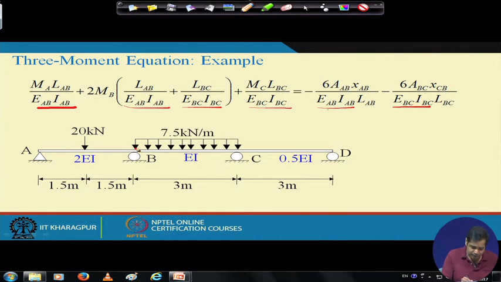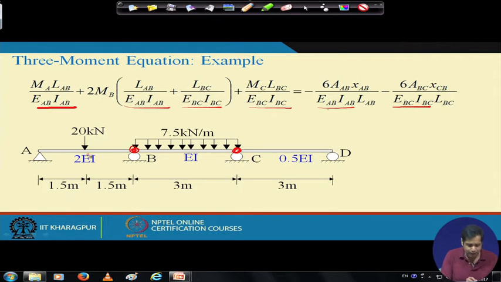We need to consider one hinge here and another hinge here, because for this structure the static indeterminacy is 2. We need to introduce two redundant forces, which in this case are the moment at B and the moment at C. The primary structure will be the same structure, but with two internal hinges at B and C, so we release the rotational constraint.